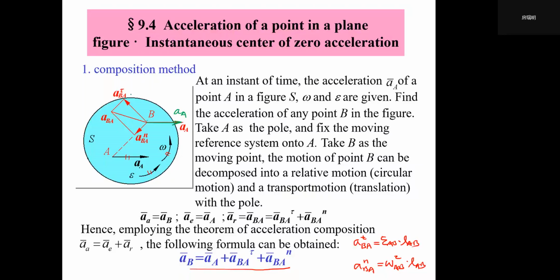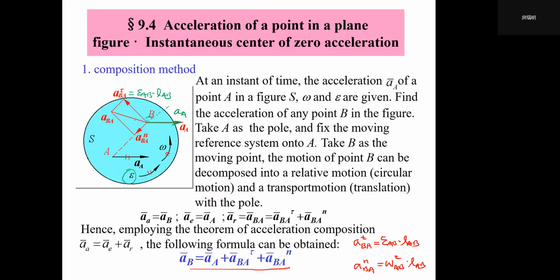One is ABA tau, which equals epsilon AB times LAB. That means its direction is perpendicular to this link line AB. You can think about prolonging AB a little bit with a dashed line. Then along the direction of epsilon, because we want to make sure of the direction of acceleration, we rotate this added dashed line by 90 degrees.